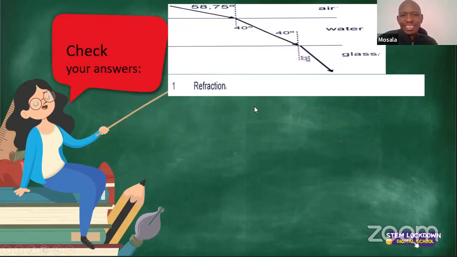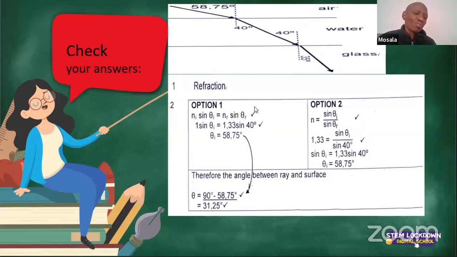First, we have to determine the angle of incidence. Let's see option 1. We can use the equation from Snell's law, whereby the ray is coming from air to water.